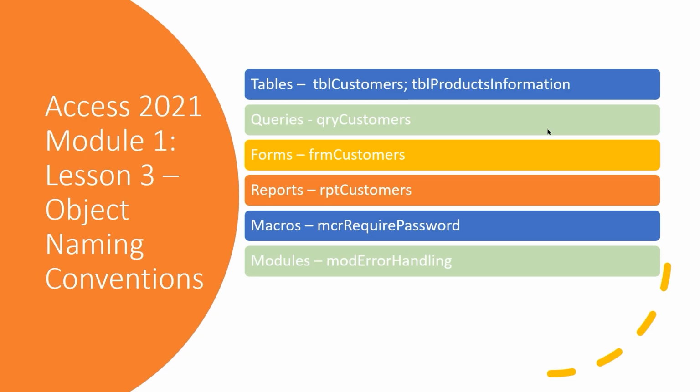The reason why I use the prefix, if I'm looking at my database objects in a list of some sort, is that typically I may use the same name for different objects. So we have queries, and I could have a table named tblCustomers, but I could also have qryCustomers, which immediately lets me know it's a query. frmCustomers, it's a form. rpt for reports. mcr for macros, and mod for modules.